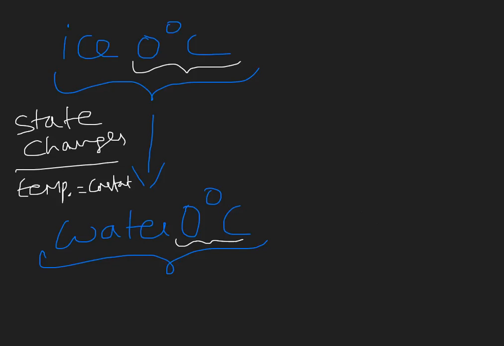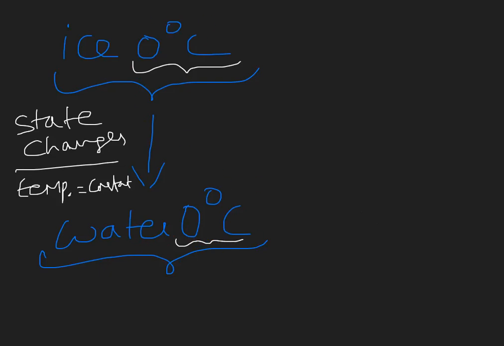Temperature is not changing, but change of state. Initially it is ice, now it became water, because ice to water conversion takes place only at 0 degrees centigrade. During conversion from one state to another state, temperature will remain constant.